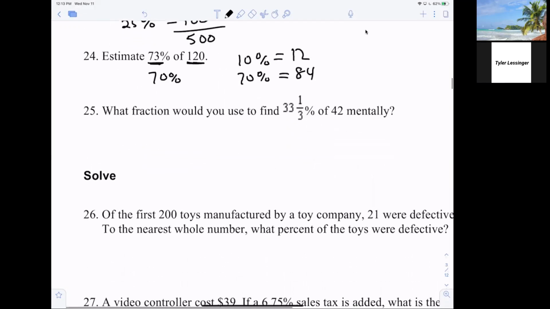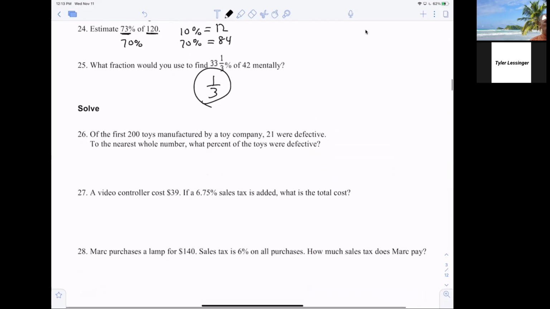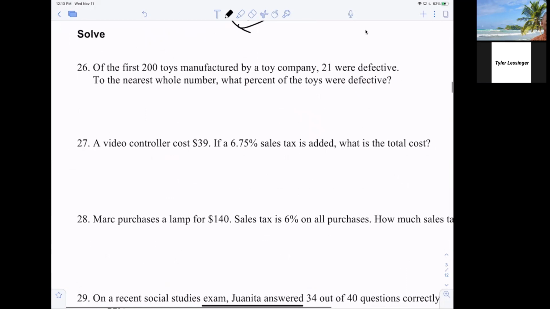And then here we go again. 33 1/3. That's just what? Yeah, what fraction? 1/3. All right, actually, I'm pretty happy with you guys. 26. 21 were defective out of 200. So how do we figure out what percent that's going to be? 21 divided by 200.